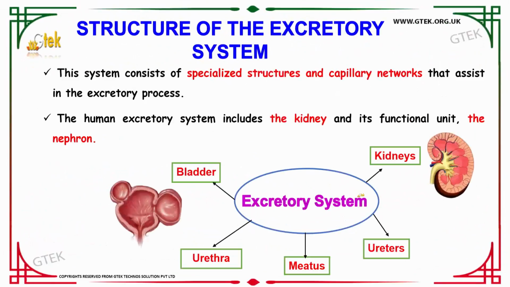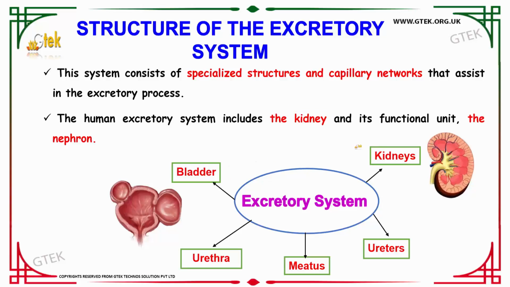So let us see the structure of your excretory system. This is the major structure of your excretory system. Your excretory system consists of specialized structures and capillary networks that assist in the excretory process. The human excretory system includes the kidney, and the functional unit of your kidney, which helps in excretion and absorption of the necessary minerals, is the nephron.